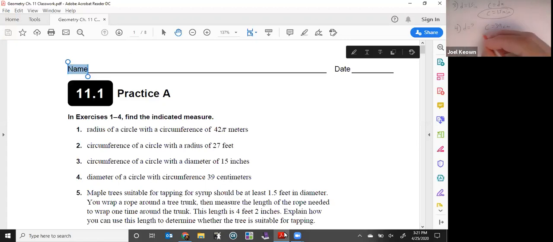So I'm going to replace C with diameter times pi. I need to divide by pi. And I'm going to say the diameter is 39 divided by pi. Again, you could put that in your calculator and get a decimal. I'm just leaving it just like that. Centimeters. And there we go. That's how you do the first 4.